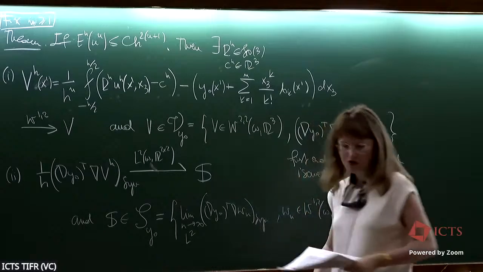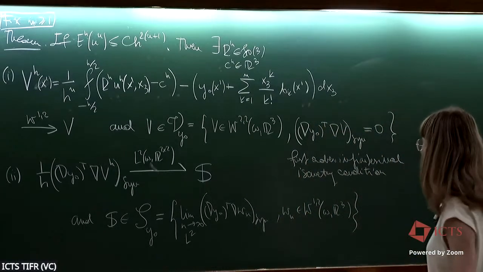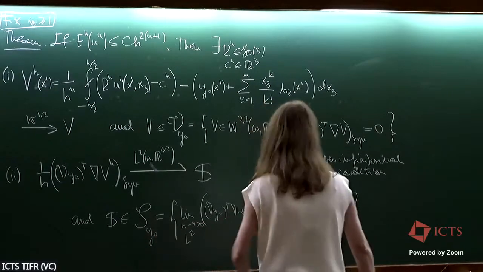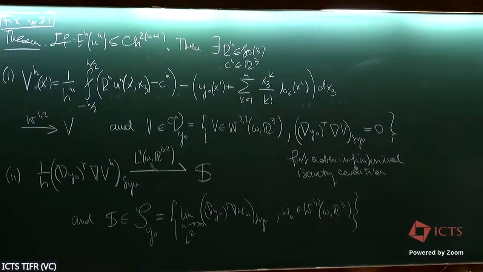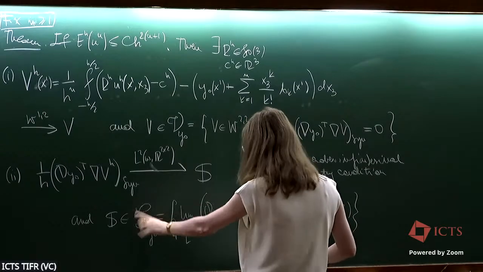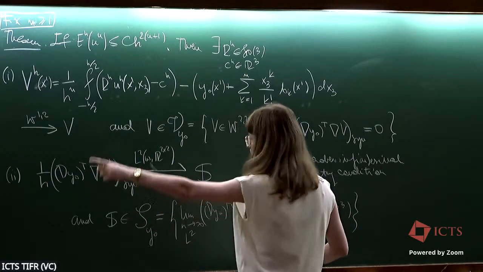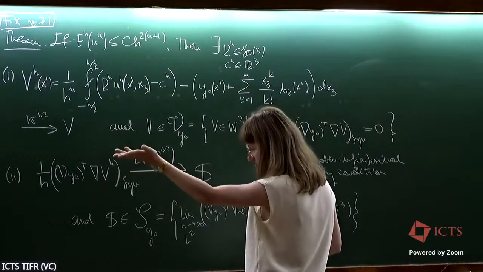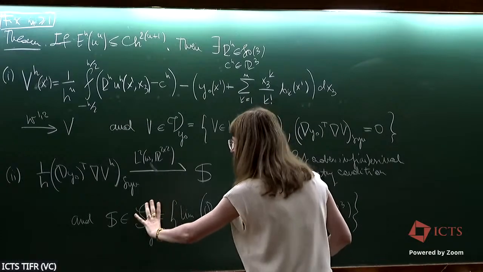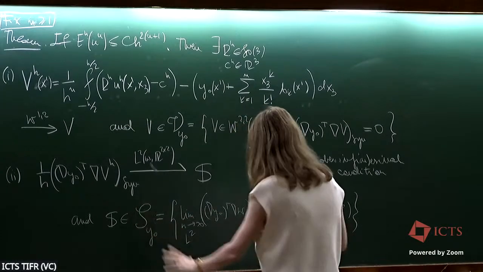So you should think of the space of limiting strains as symmetric gradients of in-plane displacements, if you are in the classical elasticity context. But here, these are not necessarily that. Given Y0, which of course depends on G, as we discussed before, this Y0 uniquely defines a space of limiting strains. So you have to compute it.